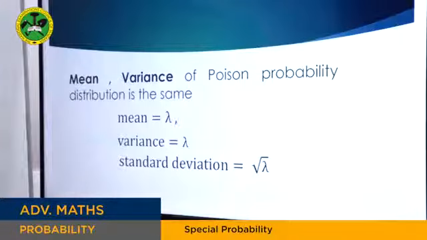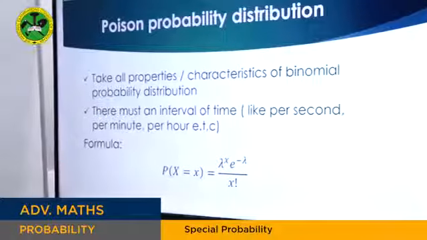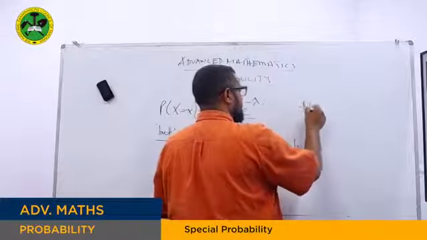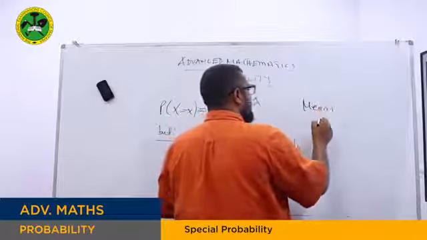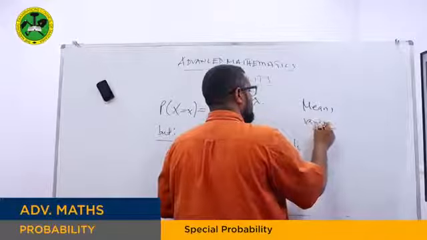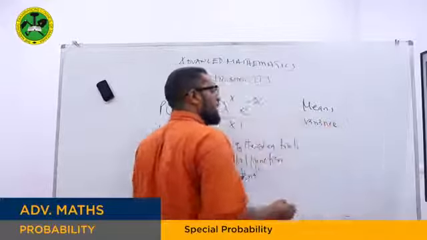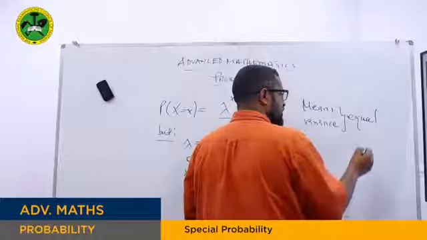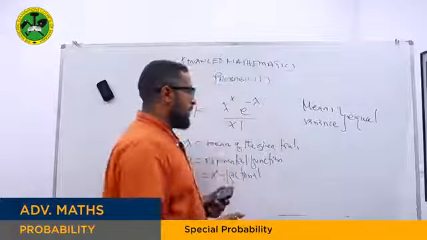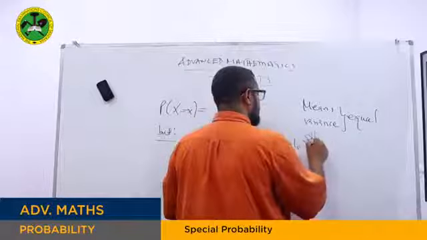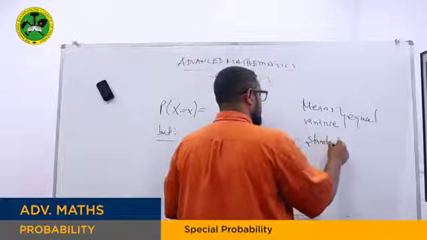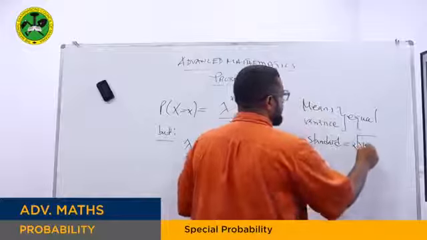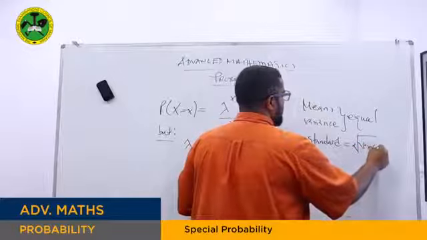Now, under Poisson probability distribution, the mean and variance of the data are always equal. But finding standard deviation, normally we take the root of variance.